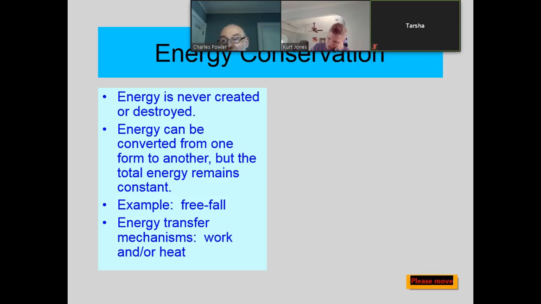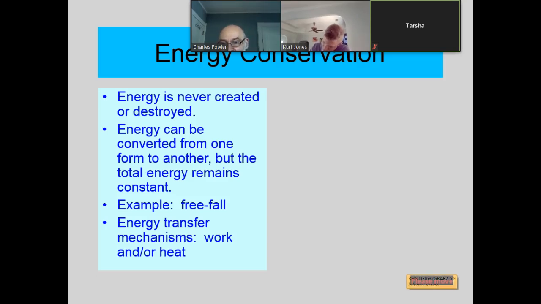So energy is never created nor destroyed. However, it can be converted from one form to another, but the total energy remains constant. What, you said? Didn't I just say you lost some to the heat? Well, guess what? Heat is a form of energy, okay? So you haven't lost it. It's just wasted, but not lost.